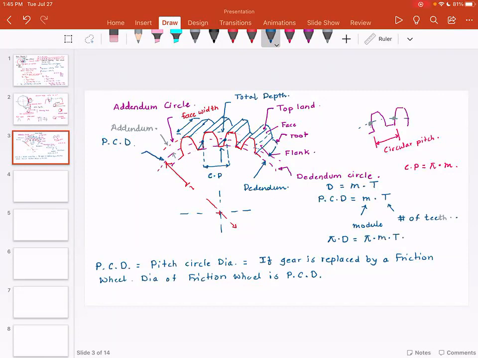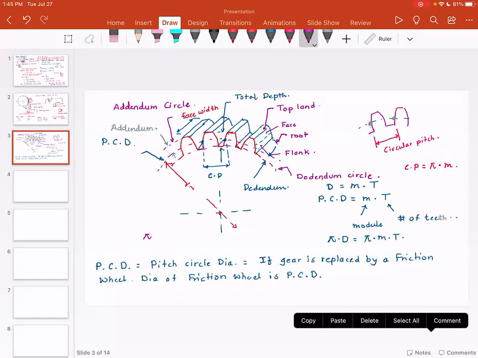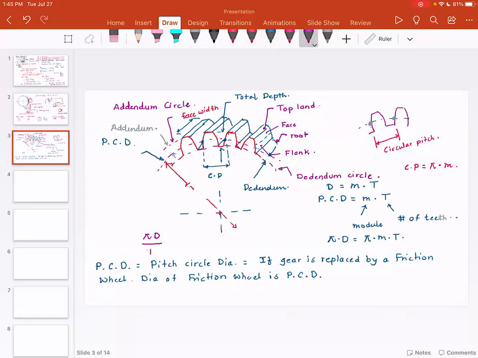And then I would rewrite this equation as pi D divided by T. Pi D is nothing but the circumference, or the perimeter, of the pitch circle. The perimeter of the pitch circle divided by the number of teeth gives me circular pitch.